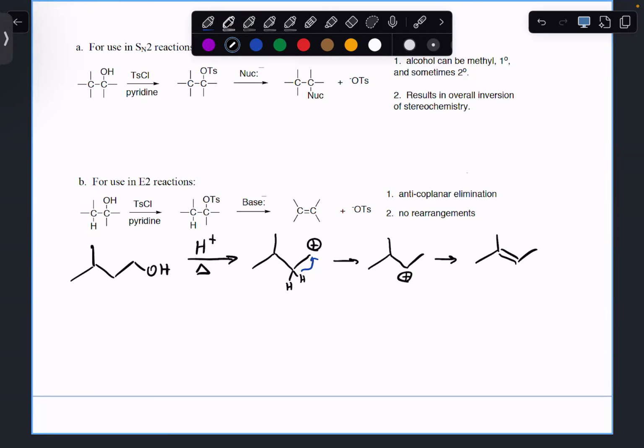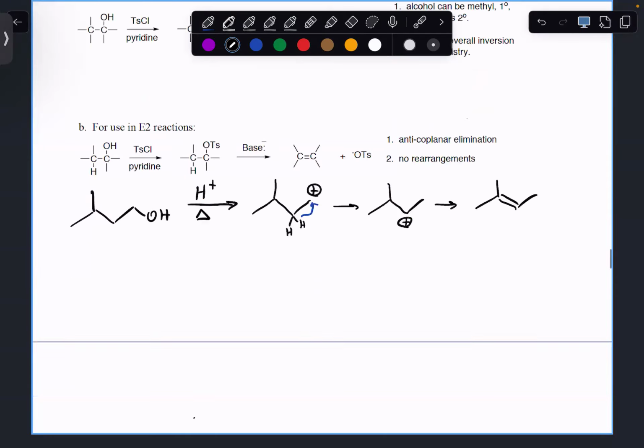Because this went through E1, you generate a carbocation, and if it's advantageous, it will rearrange like it did here.